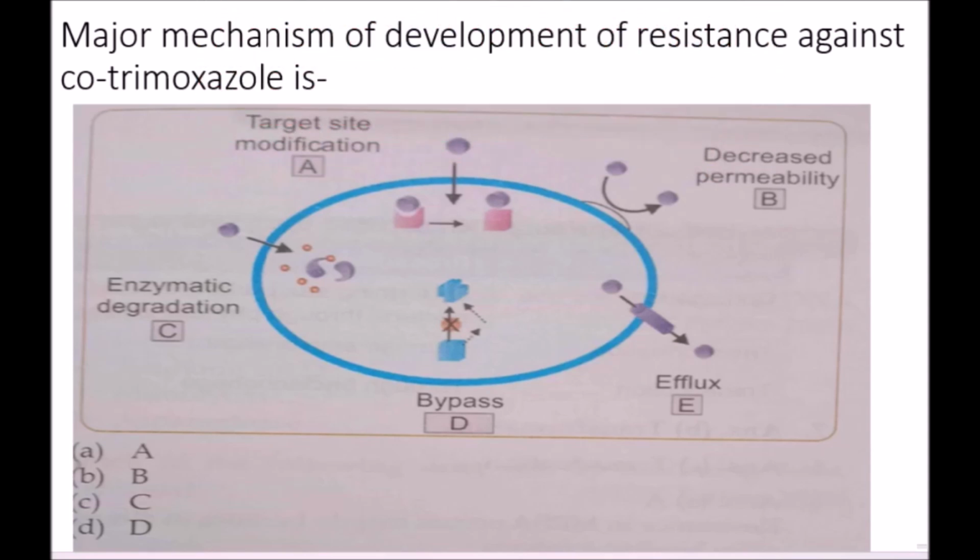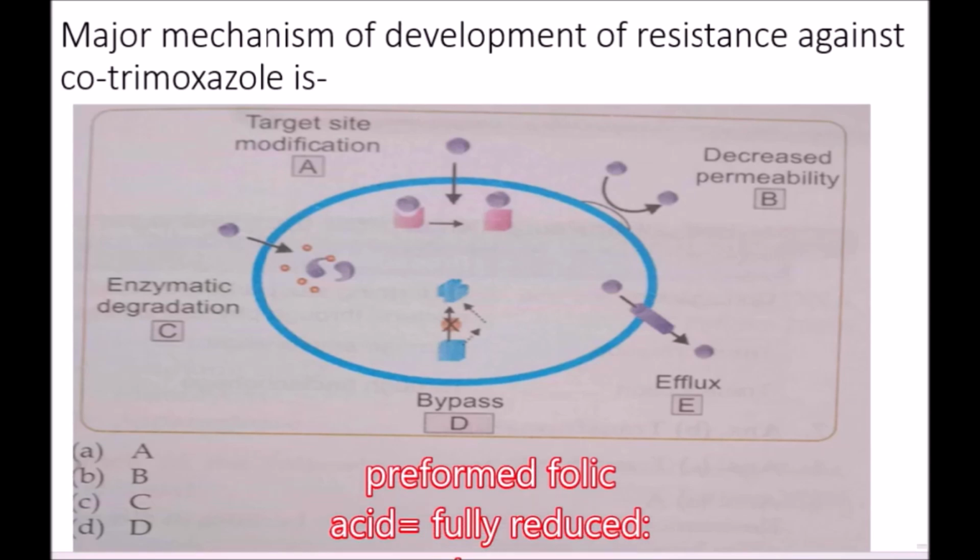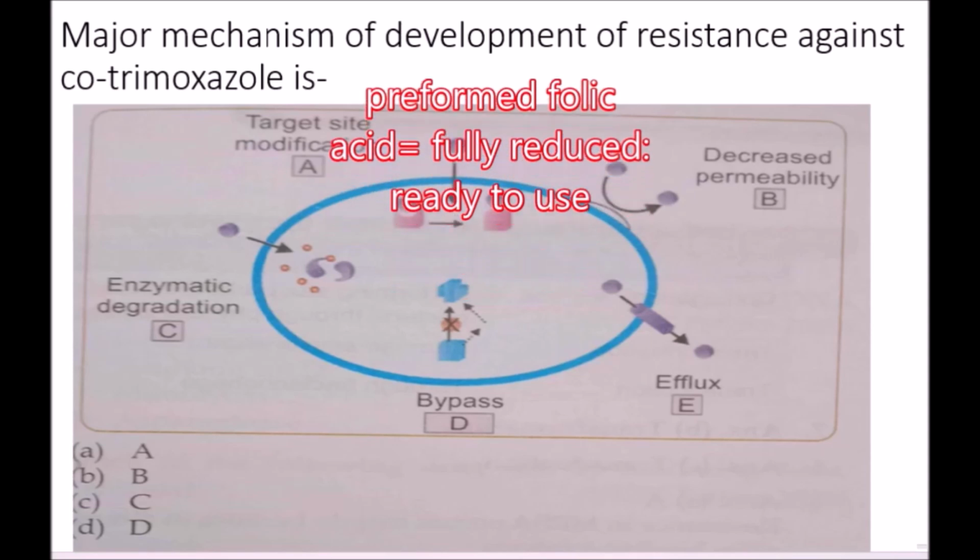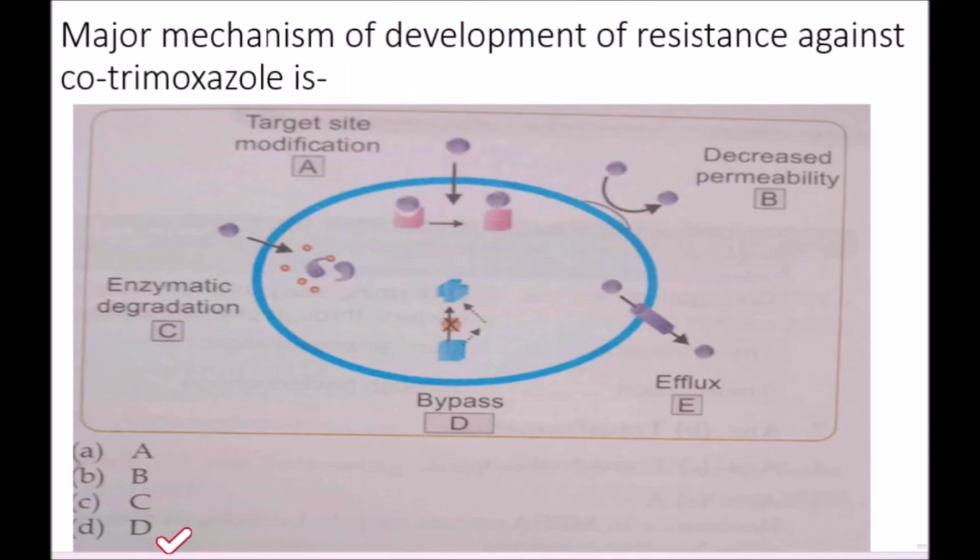And resistance to sulfonamides and thus cotrimoxazole occurs due to alternative metabolic pathway. That is, bacteria start utilizing preformed folic acid. So mechanism D is applicable here. There is bypass. It means altered metabolic pathway.